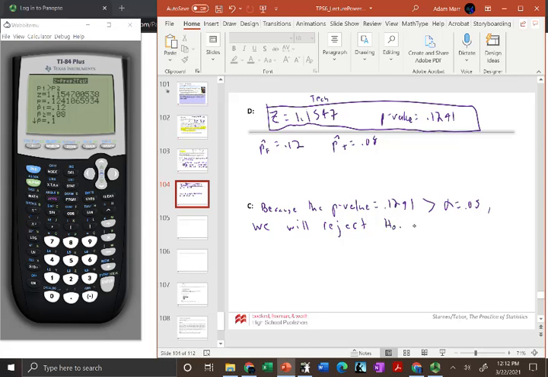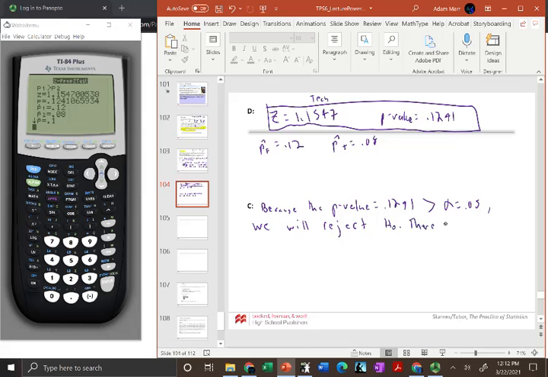Okay, and now we have to put the, say there's not convincing evidence for the alternative, but we have to go and use context.